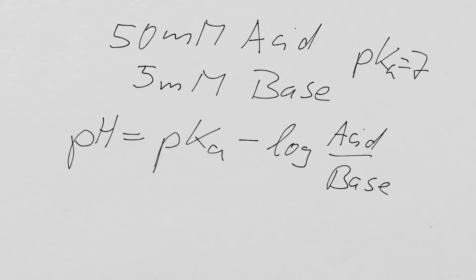Can we calculate what the pH would be in this case? So pH is 7 minus log 50 millimolar divided by 5 millimolar.